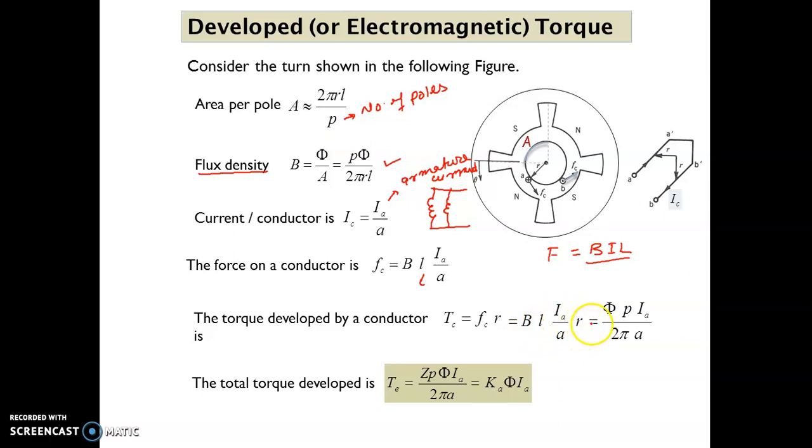Now put the value of B in this expression.